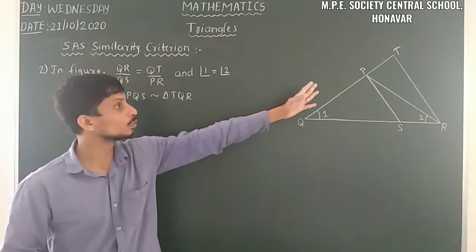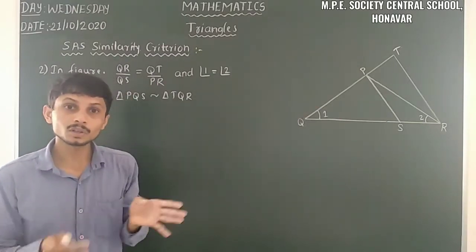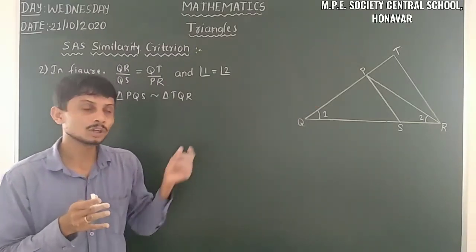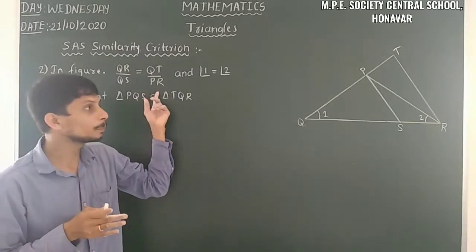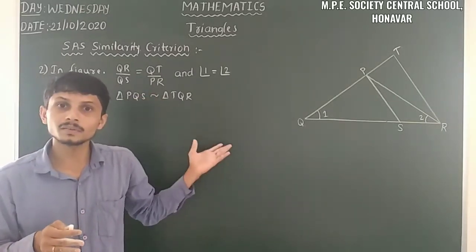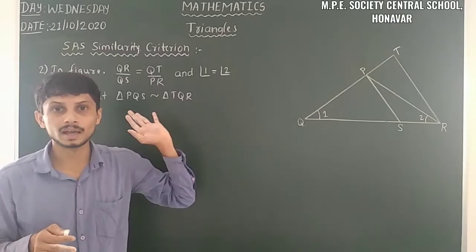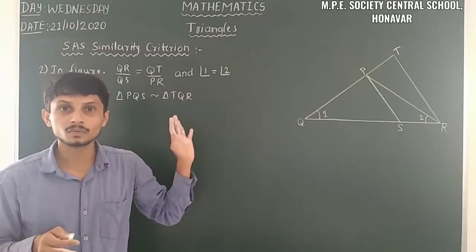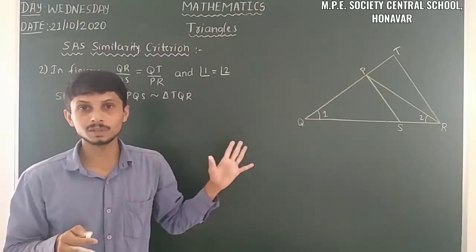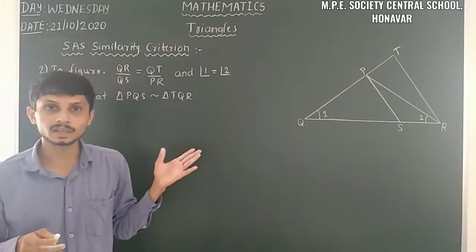There is no QT by QP. So we can take QT by QP and QR by QS. Our challenge is to replace PR with QP. Then we can take those two angles, and those two triangles are similar. Only then can we take that one.